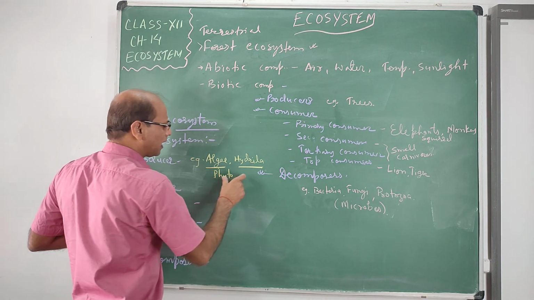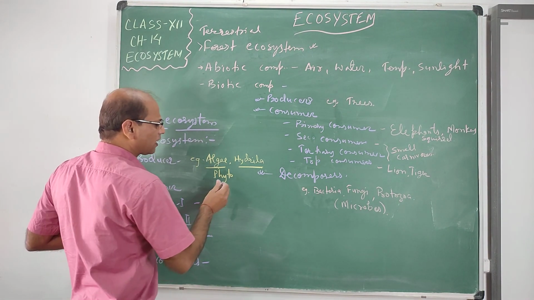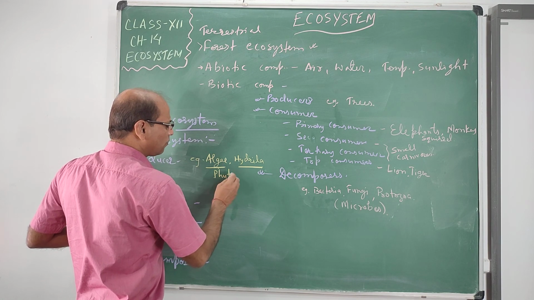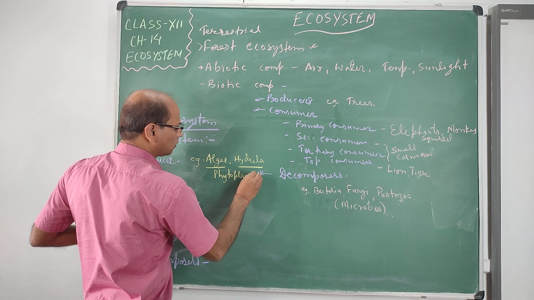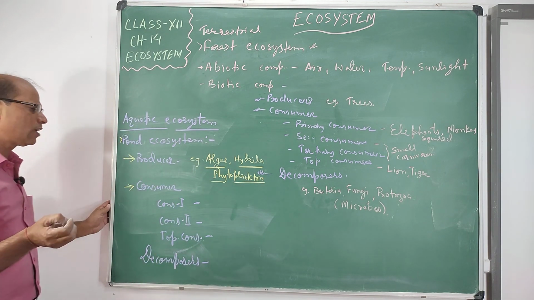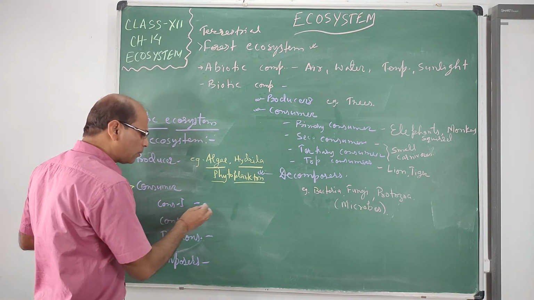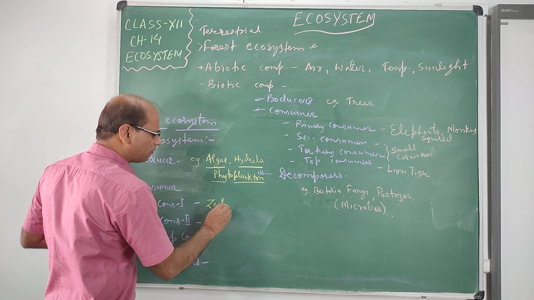Phyto means plant, and plankton means the small living creature. Small plants like diatoms are consumed with the help of zooplankton. Zooplankton can consume them.